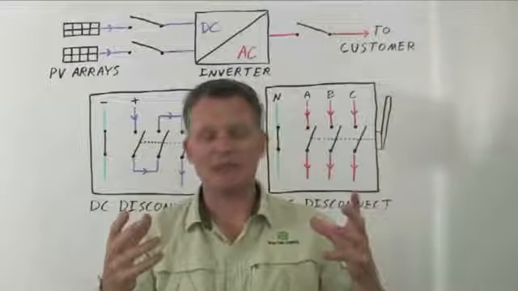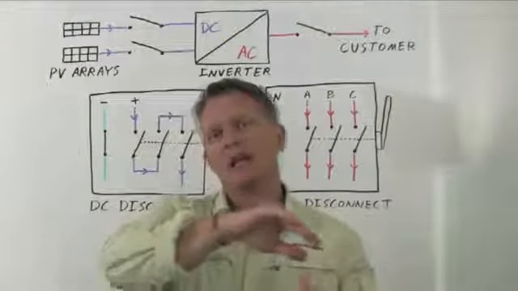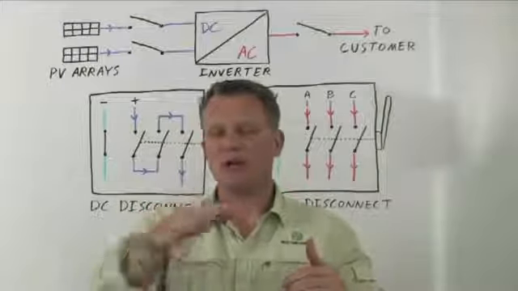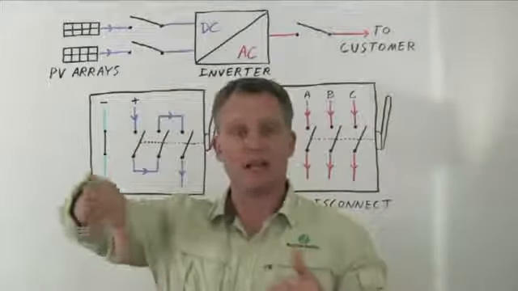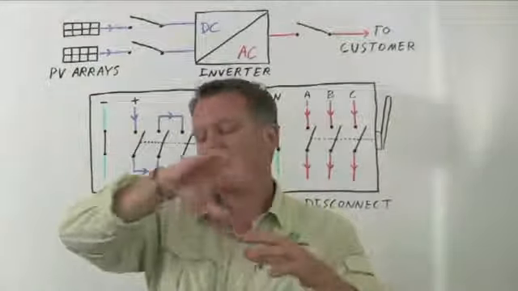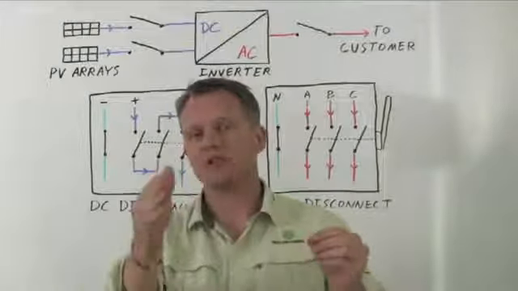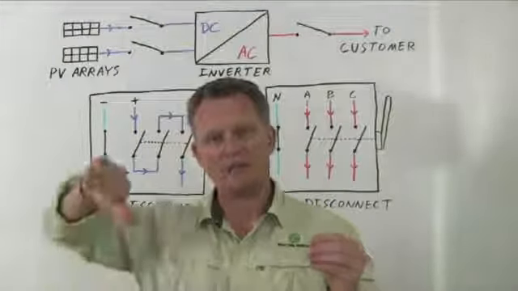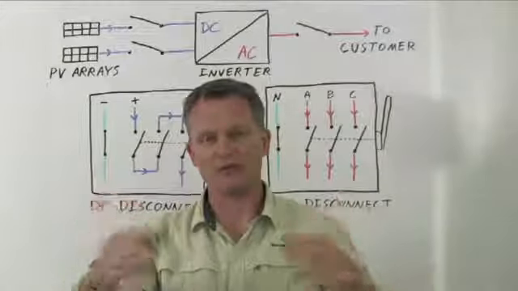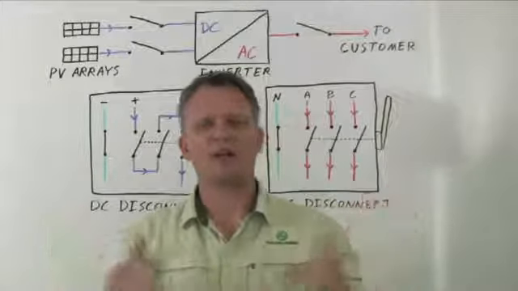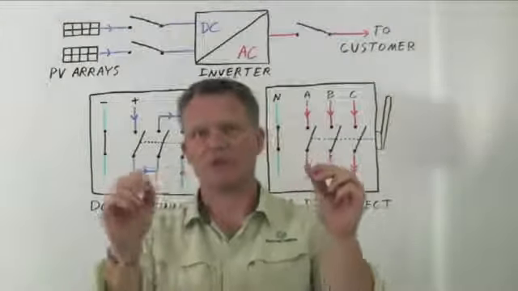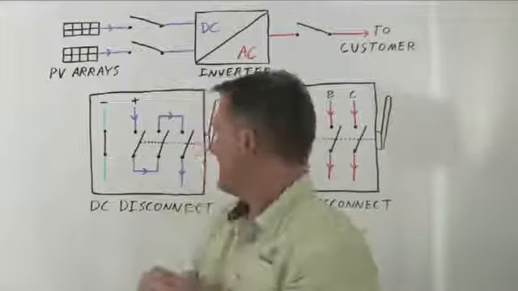Well, one of the neat things about cyclic current is that it goes through a 0 point as it goes from positive to negative, and it does that twice per cycle. Now, because the current actually goes to 0 twice during an alternating current cycle, the arc extinguishes itself very quickly because that current actually goes to 0 a couple of times.